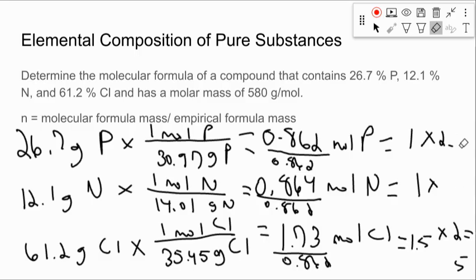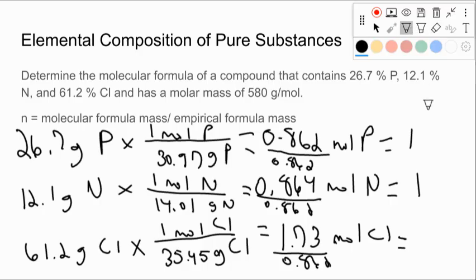So give me a second to clear this out. Okay, so this ends up being 1, 1, and this down here ends up being exactly 2. Sorry for the math error.